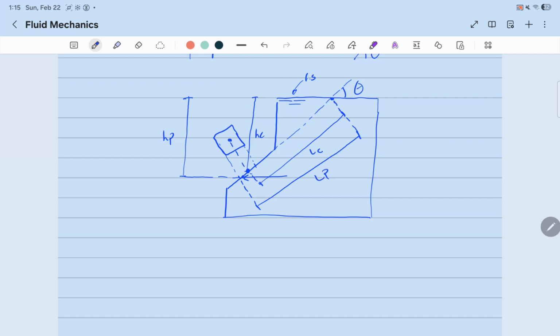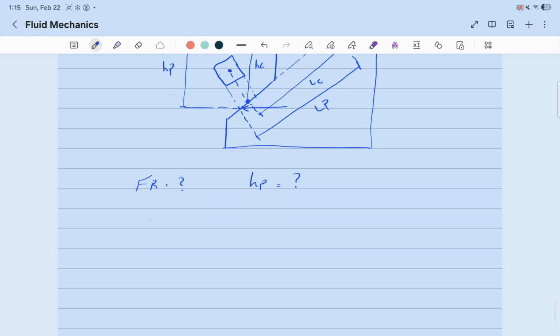Just like the previous class, we're asked to find the resultant force and the depth where it is acting. We know the resultant force equals the average pressure times the area. We already established that the average pressure is HC times the specific weight of the fluid, and we'll assume the specific weight of water in this example.